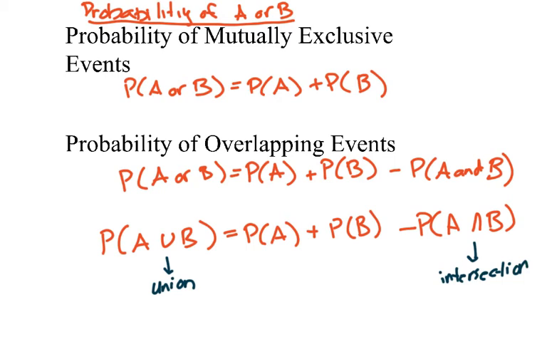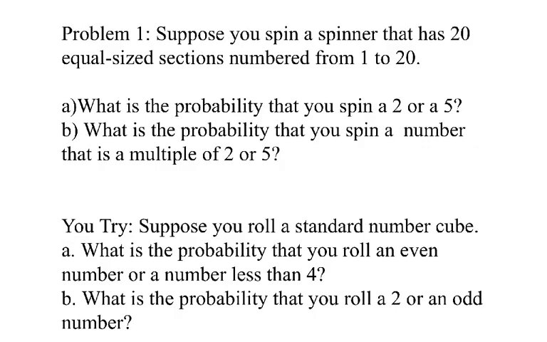We're predominantly going to be using the A or B with the words written out, but if you ever take any other type of stats class, they may use this notation.